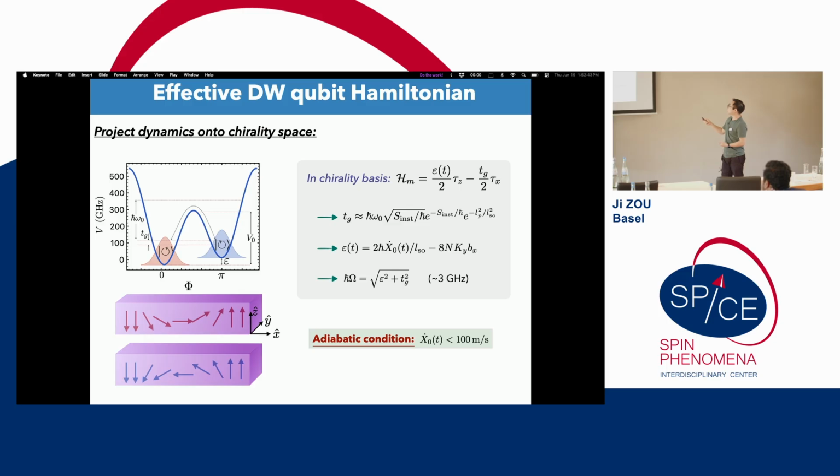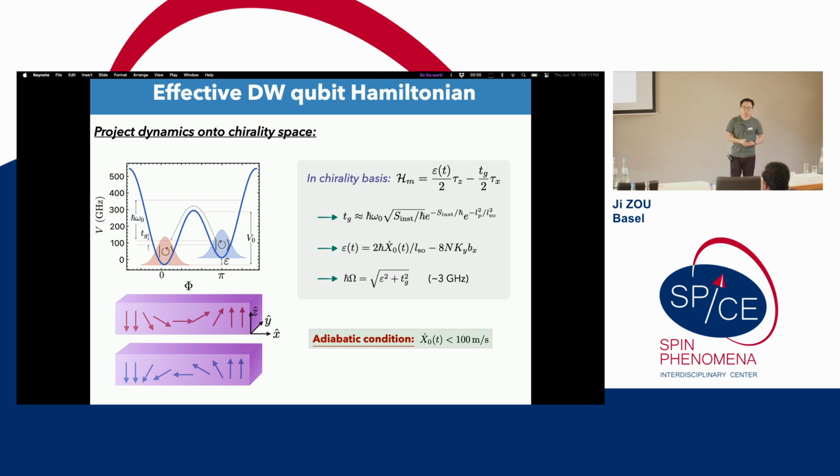And we also have this tau z, which is the detuning, describing the energy difference between these two. As I said before, it is proportional to the magnetic field in the x direction. And also, when there's a velocity, it's also proportional to the velocity of the domain wall. And if you plug in numbers, the qubit splitting is typically on the order of several gigahertz.